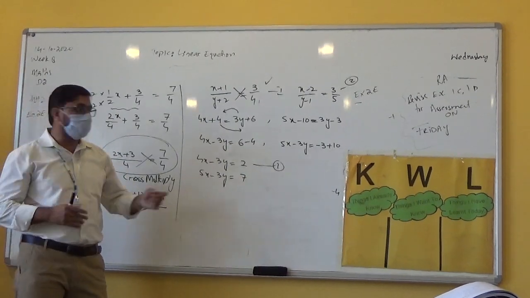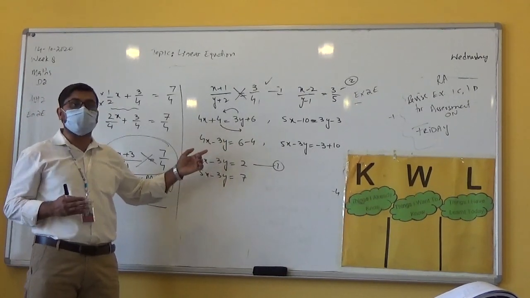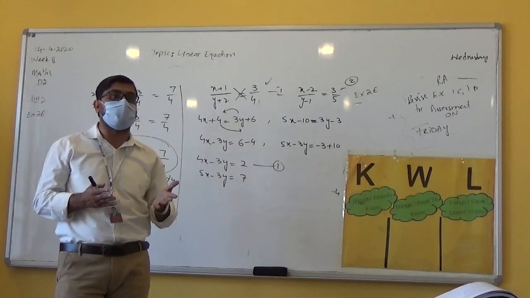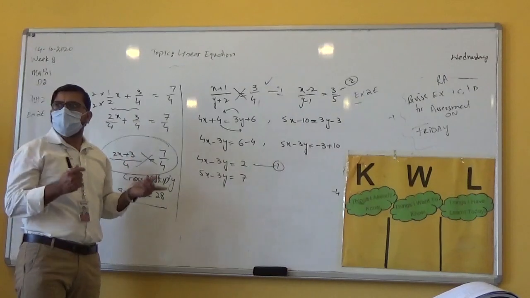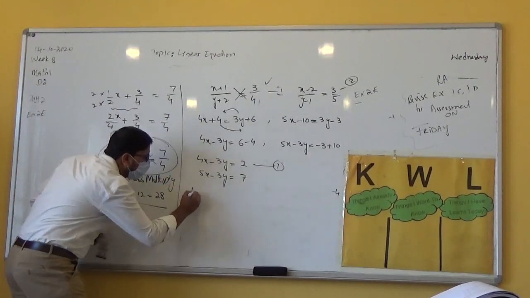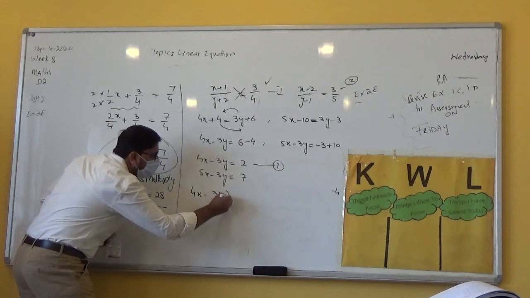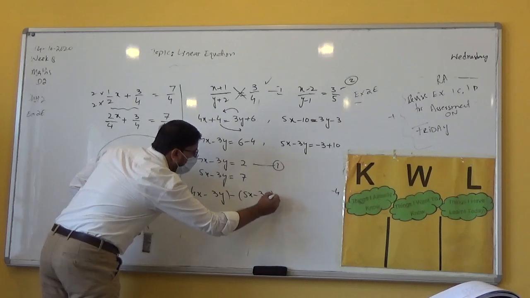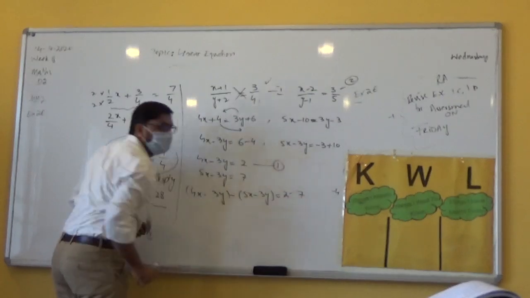Same. If the variables we want to eliminate have the same sign, what do we have to do? Subtract, that's great. So 4x minus 3y minus (5x minus 3y) is equal to 2 minus 7.